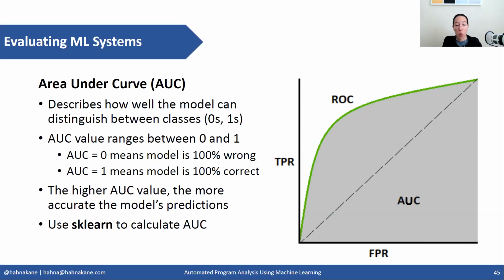But if your AUC is 1, you're awesome. Your model is 100% correct. Essentially, the higher your AUC value, the more accurate your model will be in making its predictions. Again, you don't have to calculate this yourself. Just use sklearn to do it for you, and you can keep it moving.